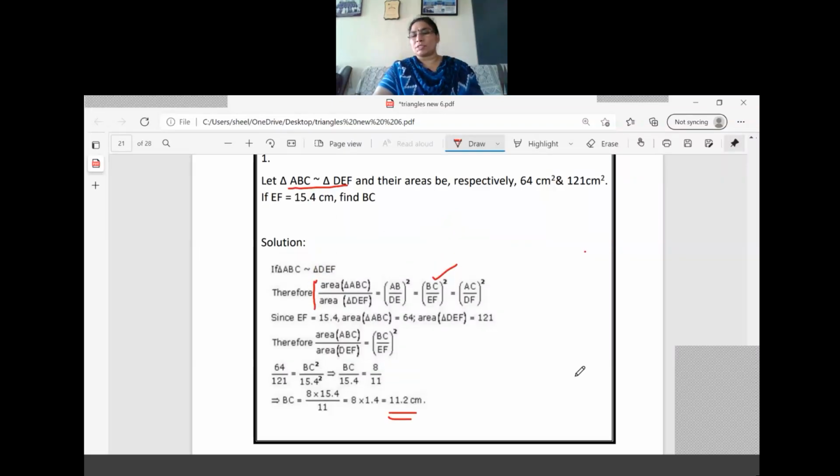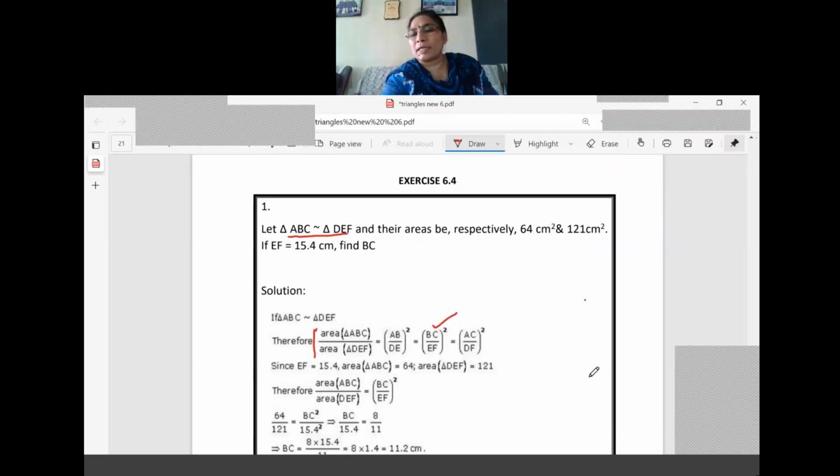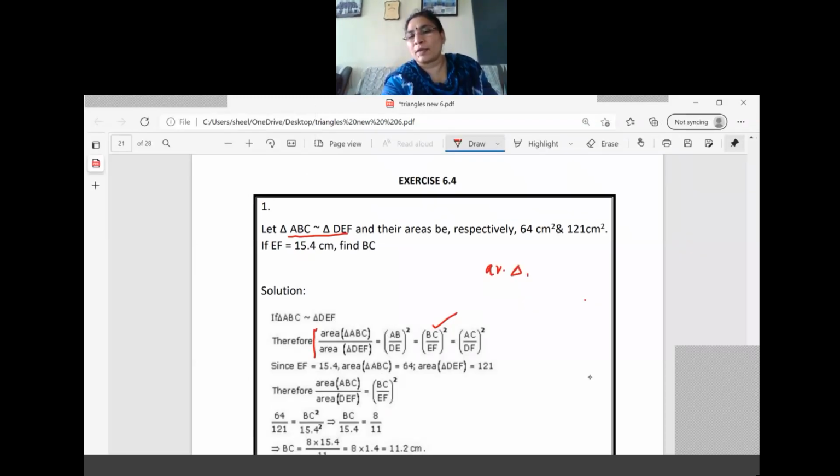So once again, what is the formula? When the similarity is given, then we can write area of the triangle ABC by area of the triangle DEF, right? Then corresponding sides only we should write. So AB by DE whole square, right? Similarly, the other side also we can write. So BC by EF whole square.